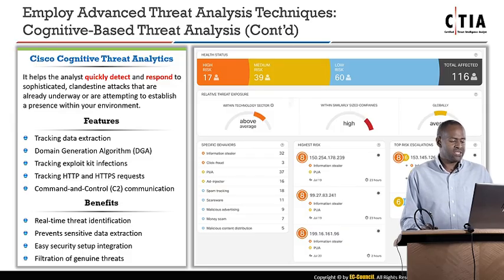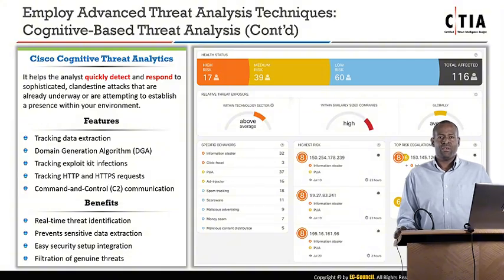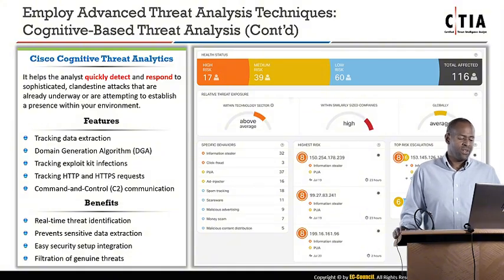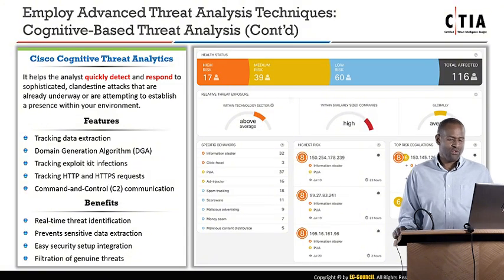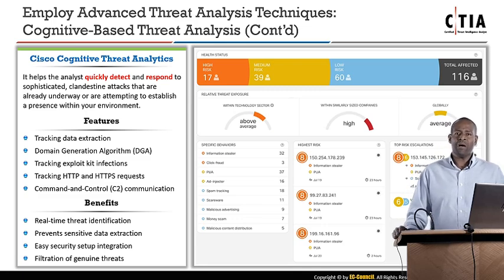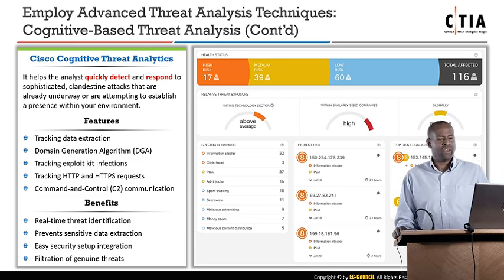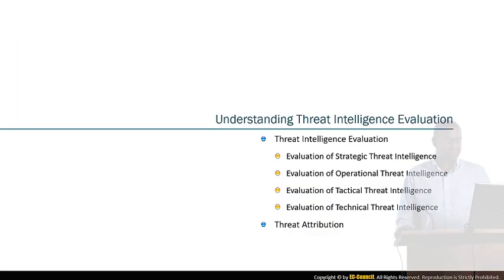Fairly easy setup and integration, and also really helping you to find and filter those genuine threats. So this is a very nice tool. I've used a lot of Cisco tools, and they've really come a long way in the presentation and installation and setup of their tools. So yet another one I would recommend looking at.